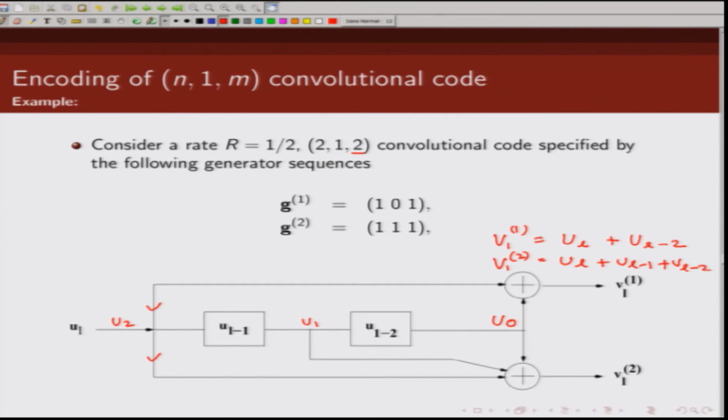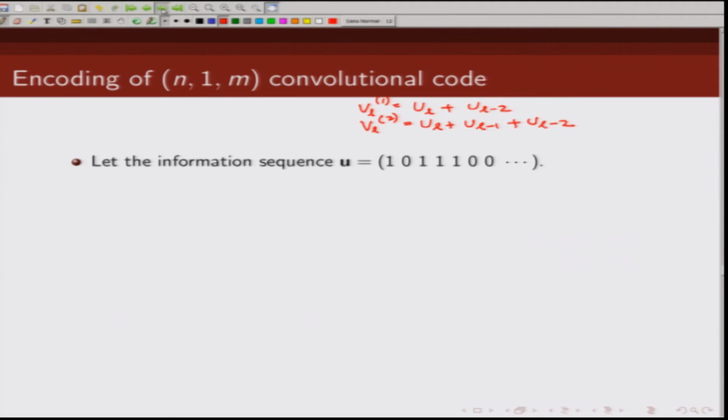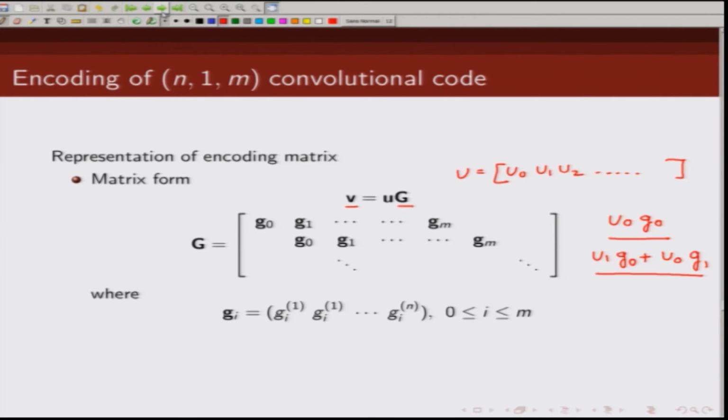So, what is my output now? It is U2 times G0 plus U1 times G1 plus U0 times G2. So, go back. So, what would be my output here? It is U2 times G0 plus U1 times G1 plus U0 times G2.